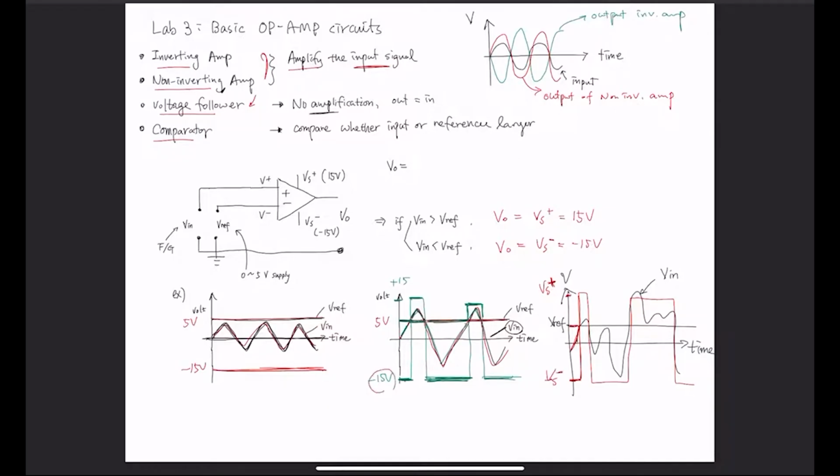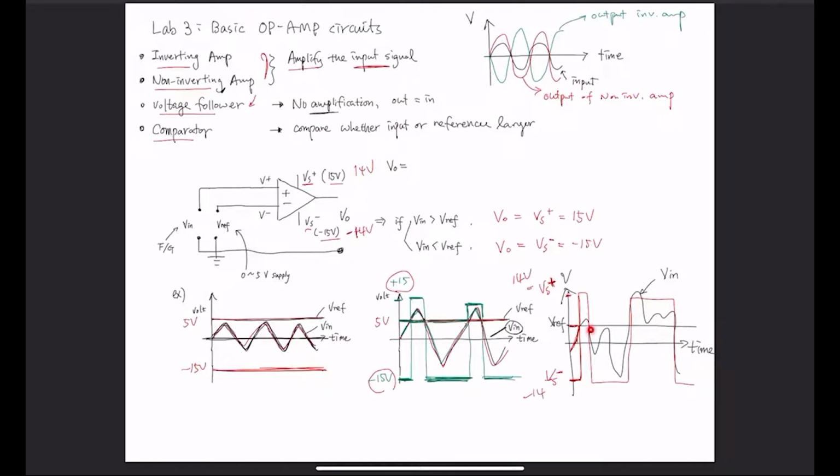This happened to be plus and minus 15 volts because you have applied your supply voltage as plus and minus 15 volts. But if you had supplied, I don't know, say 14 volts, then this may be 14 volts and negative 14 volts, okay?